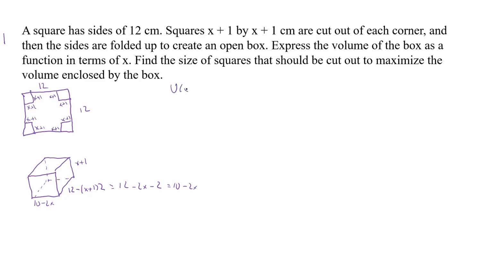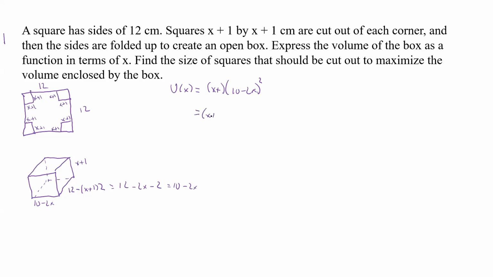So volume of x is equal to, now remember, since it's a square, we could really just take our height, x plus 1, times the 10 minus 2x quantity squared, because the length and the width are the same. Now we have to multiply what's in there and square it.